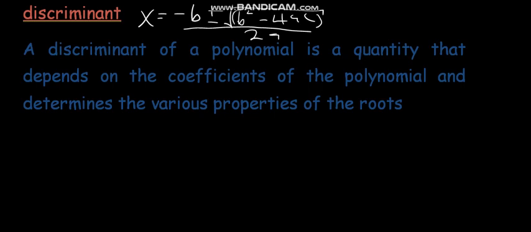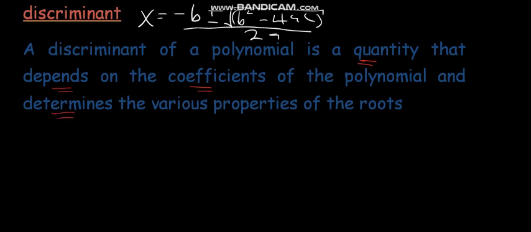What is a discriminant? The discriminant of a polynomial is a quantity that depends on the coefficients of the polynomial and determines the various properties of the roots.